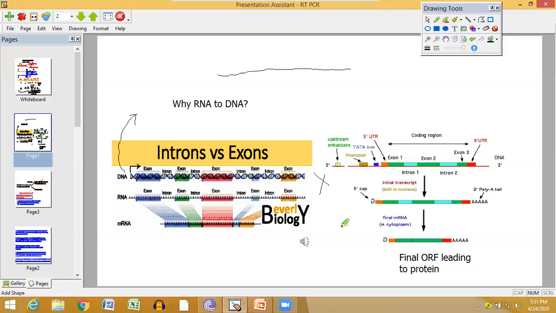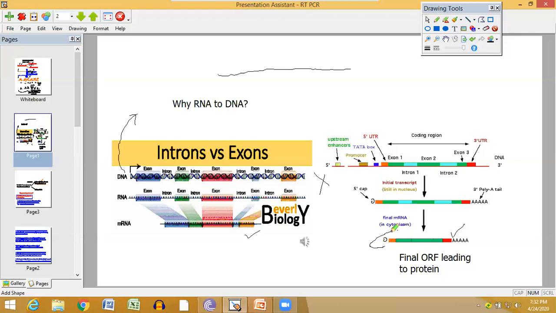So you want to cleverly amplify the DNA so that you can have the ORF. How can you do this? If you have the mRNA, and you start PCR from here, then what will happen? The gene we will get will only have the coding sequence.